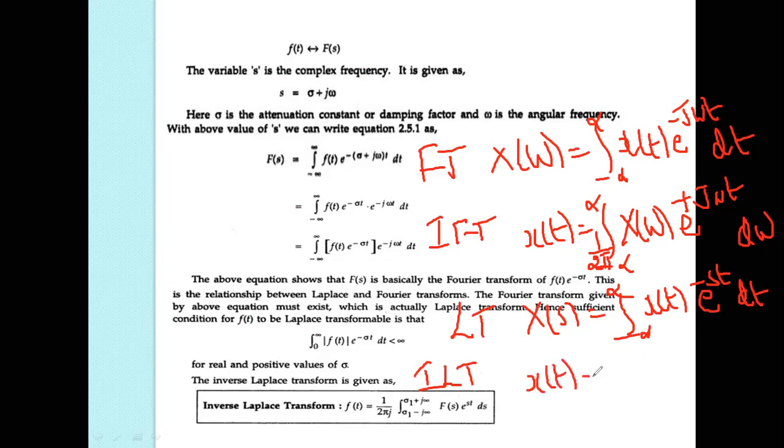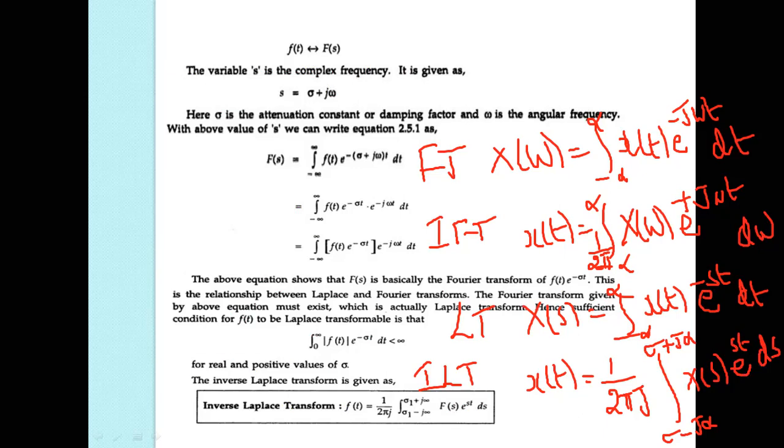X of t is equal to, and now it is a complex frequency, so 1 by 2 pi j, and the integral is from sigma minus j infinity to sigma plus j infinity of X of s e power st, taking the positive exponential with respect to the s frequency.